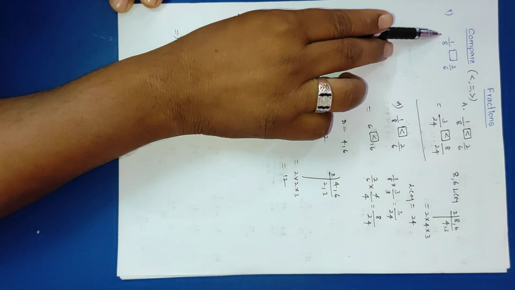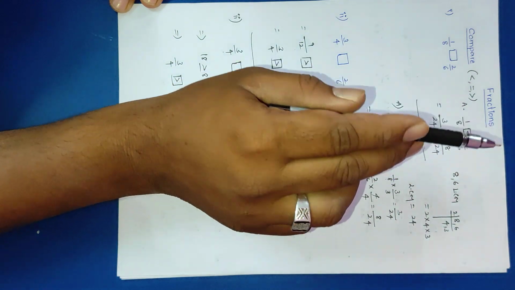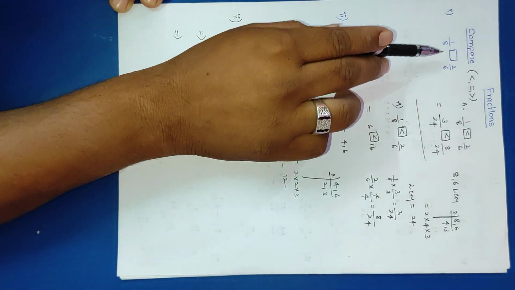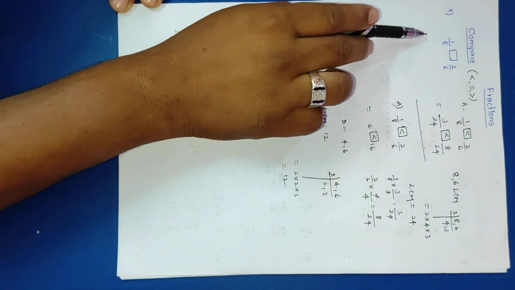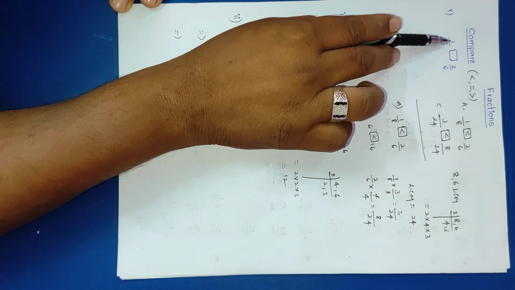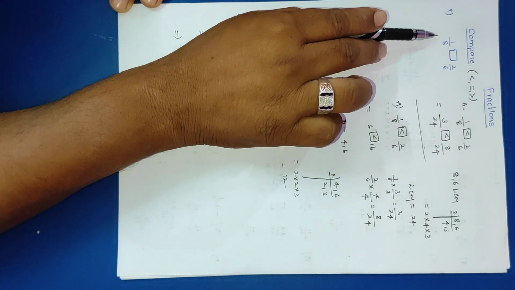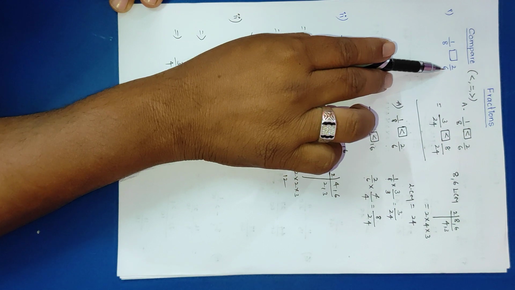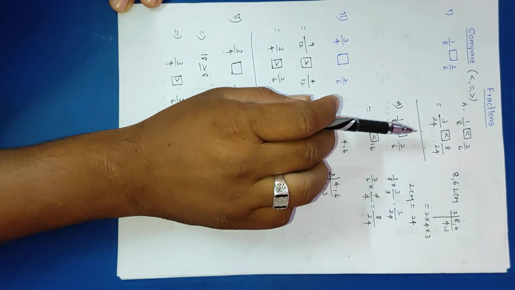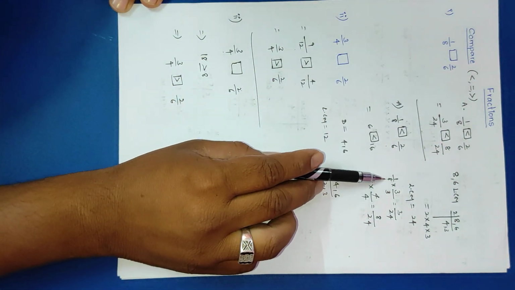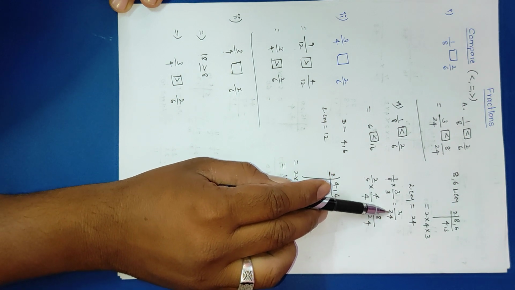Now convert 1/8 and 2/6 to have 24 as the denominator. Here 1/8 is equal to something over 24.